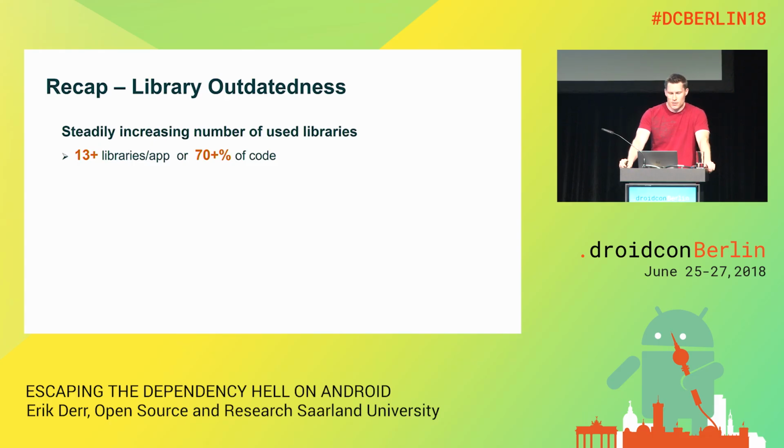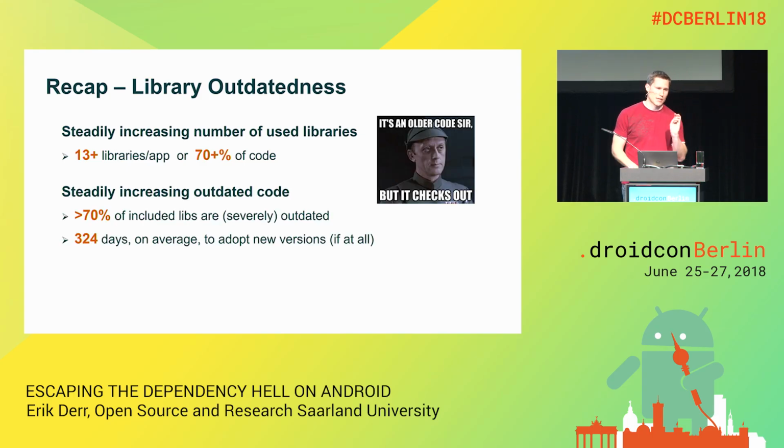Okay, so to recap this area, we've seen, due to our longitudinal study of dependencies, that over the years there has been a steady increase in the number of libraries that are used by app developers. On average, there are about 13 libraries per application, or put in other words, more than 70% of nowadays apps are from third-party sources, and only 30% is actually code written by the developer.